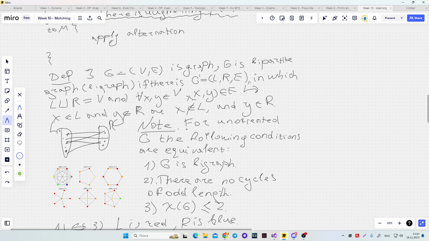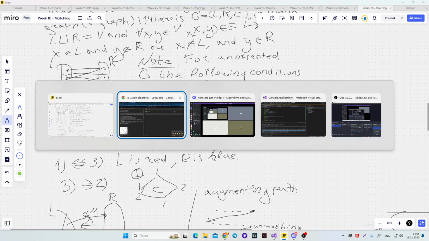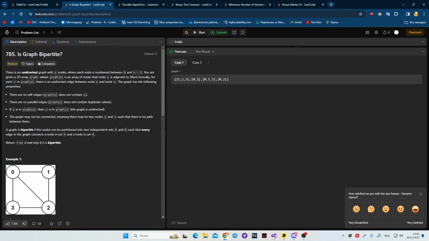And pay attention to this note. So, how to solve this task? We need to just determine whether this graph is bipartite or not. Do you have ideas?